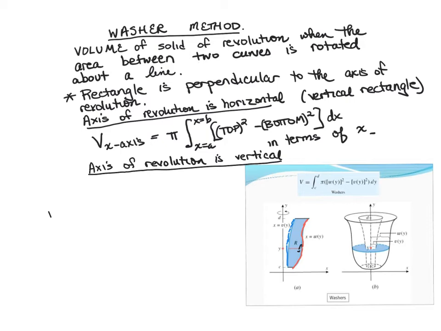Bounded by these two horizontal lines, and notice that these horizontal lines are part of the boundary of the region. The horizontal lines are here at y equals c and d. This is y equals d, and this is y equals c.